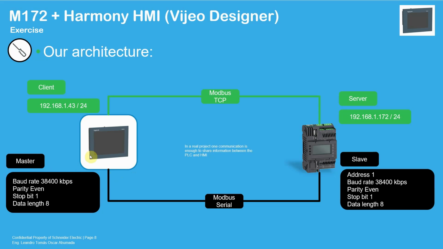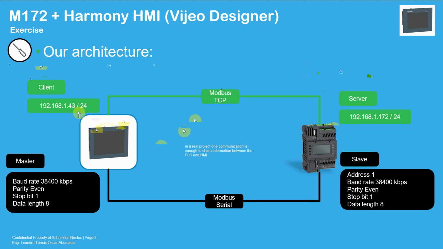And then on the HMI, on the Vijeo Designer part, we're going to see this configuration. And this is the configuration that we already have on the EcoStruxure Machine Expert HVAC. Okay, I have in this example these two communications to the same controller, but in a real project, you are going to use one of these communications.